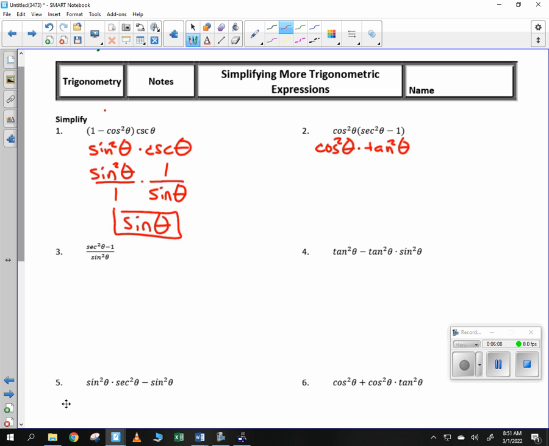Kachi, do you see where we got that? Your sheet says secant squared minus 1 is tangent squared.